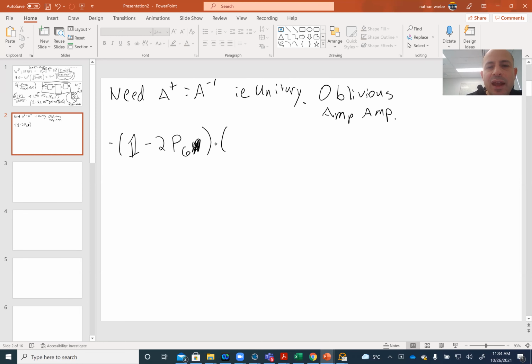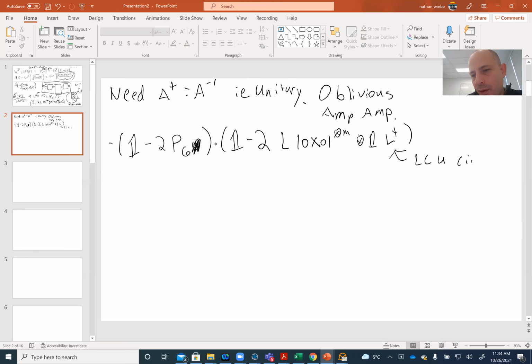And then the next part is identity minus 2 L acting on 0, 0, tensor M, tensor identity, L dagger. Where again, L here is the LCU circuit that we did previously, okay?